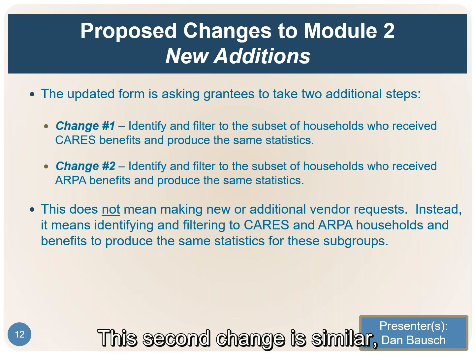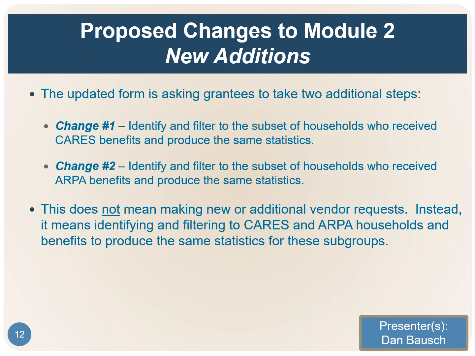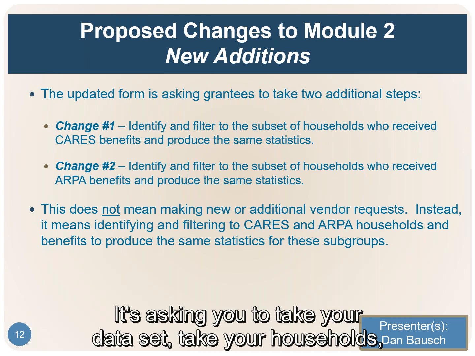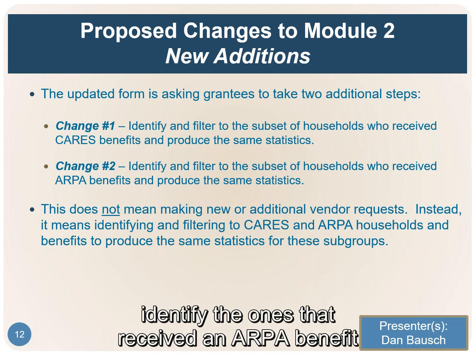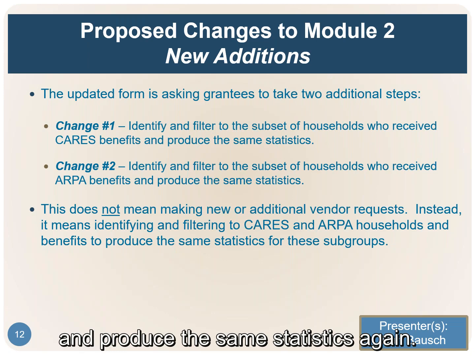The second change is similar, but is focused on your ARPA benefits and ARPA households. It's asking you to take your data set, take your households, identify the ones that received an ARPA benefit and what their ARPA benefit was, and produce the same statistics again.